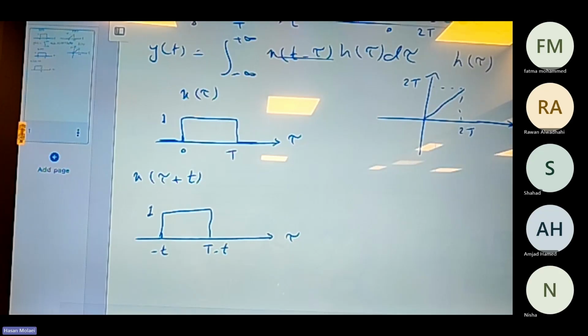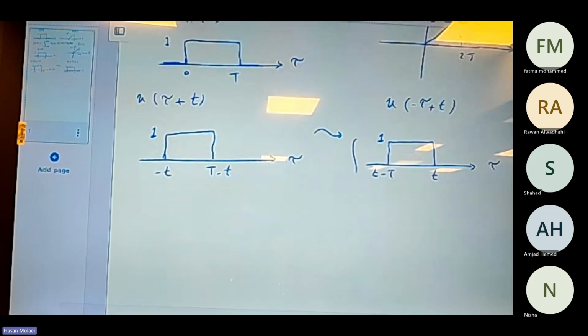I move the portion to the left. After that, I should take minus tau plus t, an independent value, which means I need to multiply all of them by 1. Here should be minus T, here should be t minus.